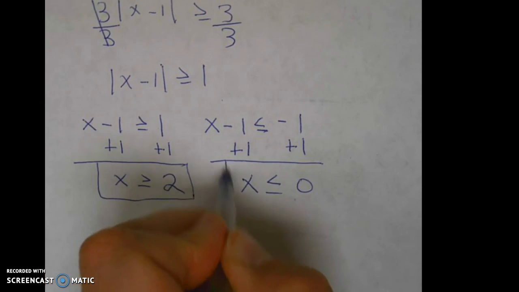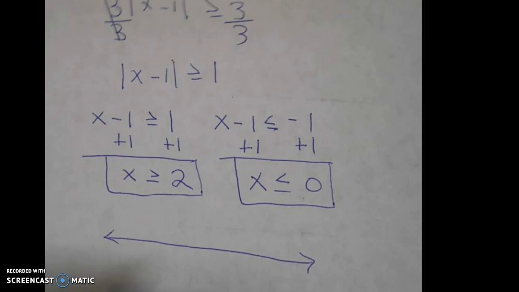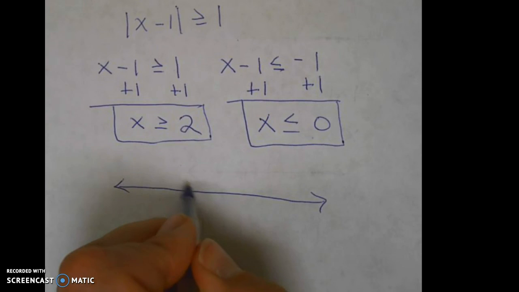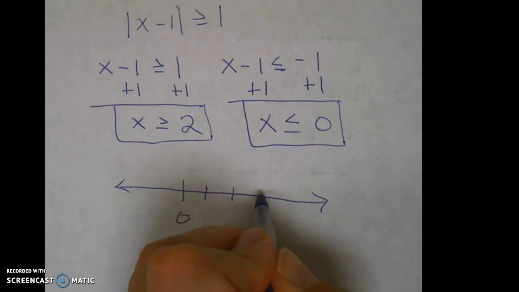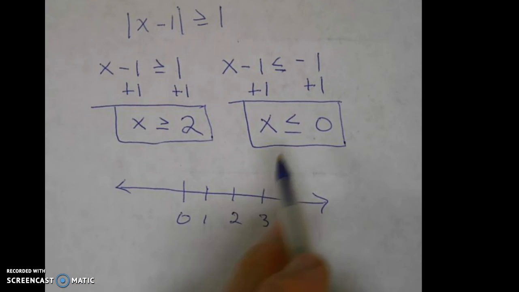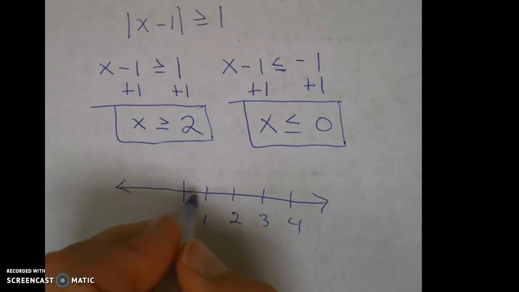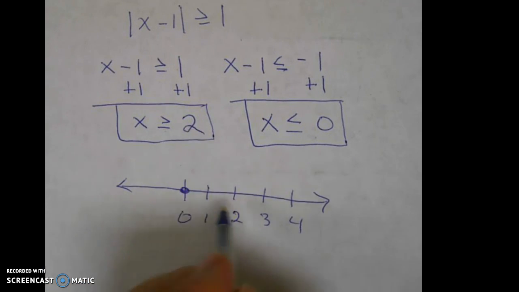Now, to graph our solutions, we draw a number line. We're going to have a closed dot at 0, and we're going to have a closed dot at 2.